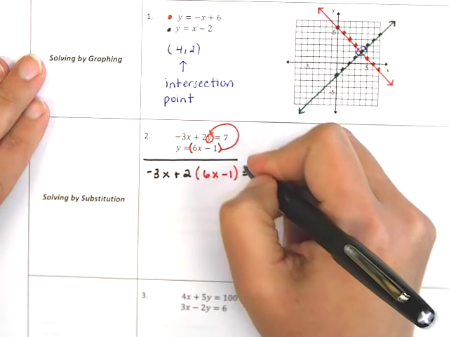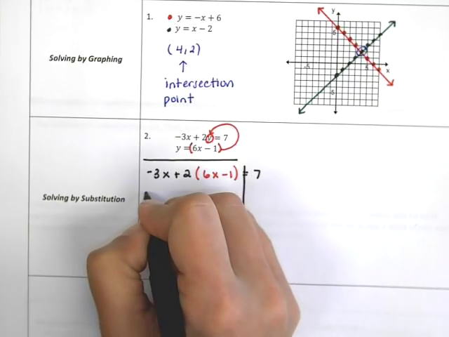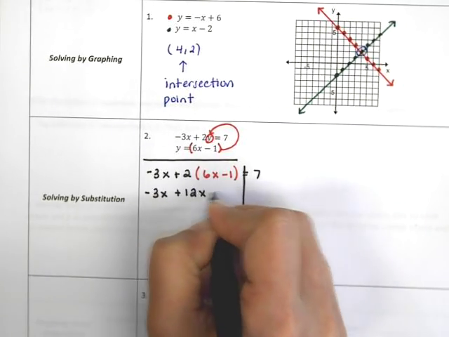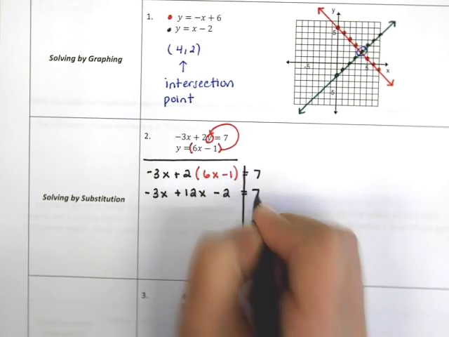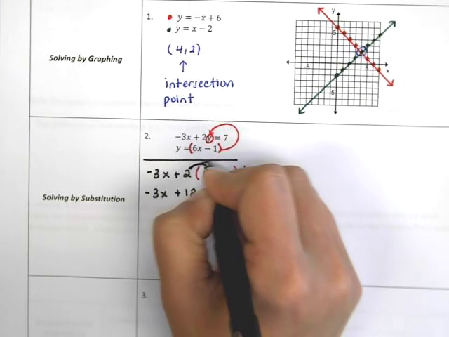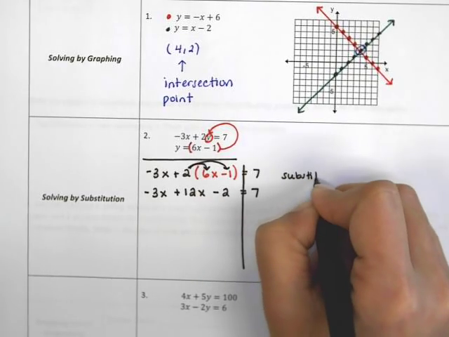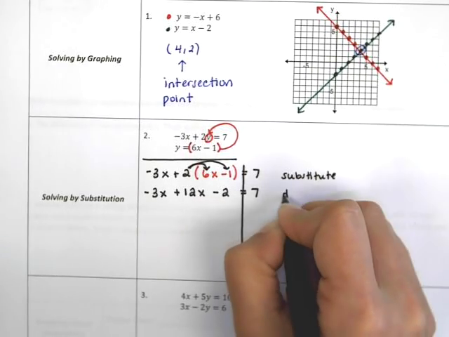Now I'm going to solve this equation. I'm going to have to distribute my 2. This is called distributing.